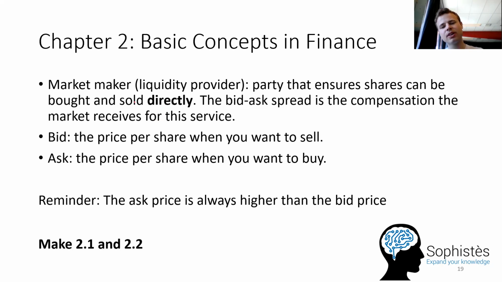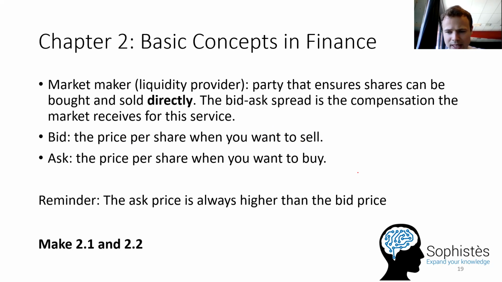The only thing is that the market maker wants to make a profit by doing that, and that is the bid-ask spread. The idea is that if you want to sell the share, the market maker will buy it from you, but at a lower price than normal.